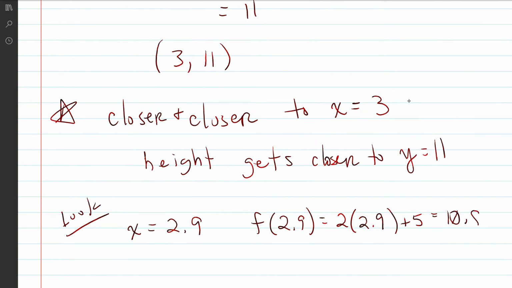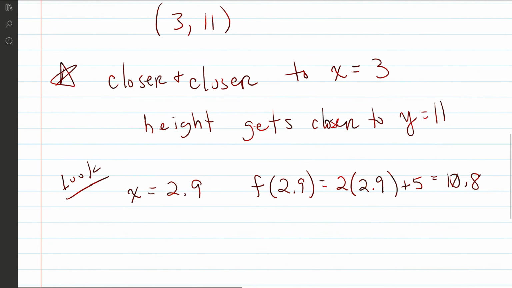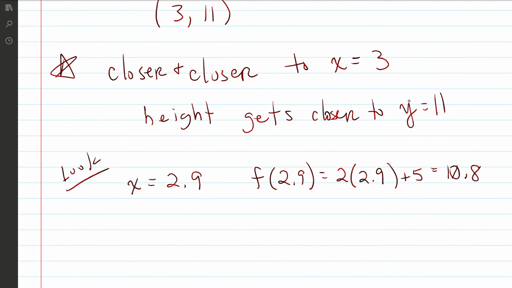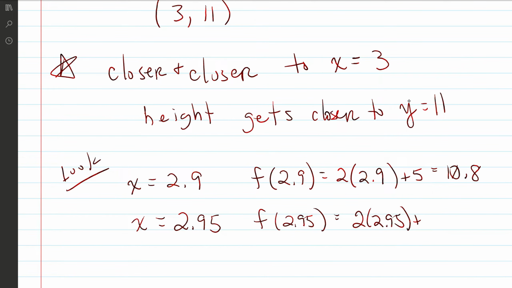Crunch those numbers, we get 10.8. Think about this a little bit further. Let's say our x is 2.95. So f of 2.95, we substitute in 2.95 times 2 plus 5, crunch those numbers, we're going to get 10.9.